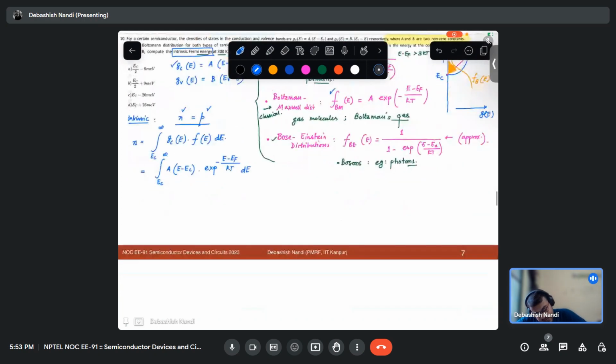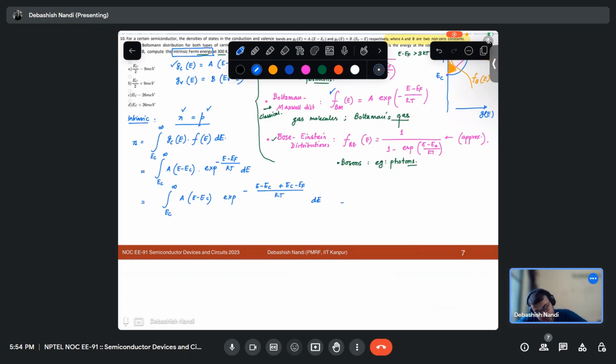So can I make it in a convenient form? From EC to infinity, A of E minus EC, exponential minus E minus EC plus EC minus EF, by KT, into dE.